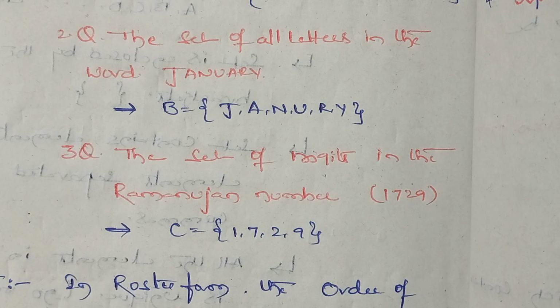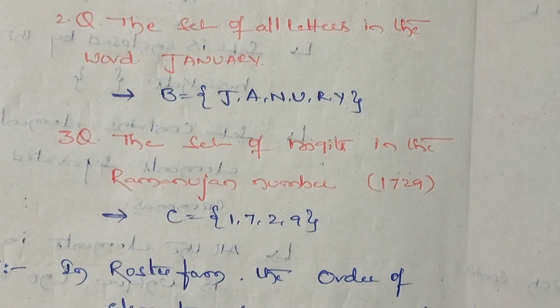So how to represent that in list form? Give the name of the set, that is C, open brackets, and separate all the digits as elements with commas, students: 1, 7, 2, 9. Here order is not important. You can write it in any way, either 7, 9, 2, 1, it is up to you. Here order is not important in list form.